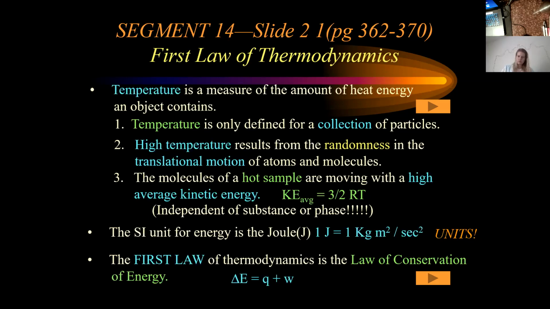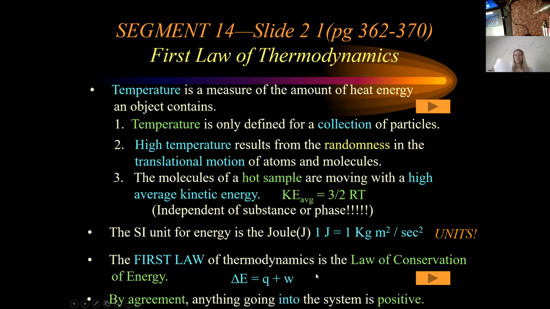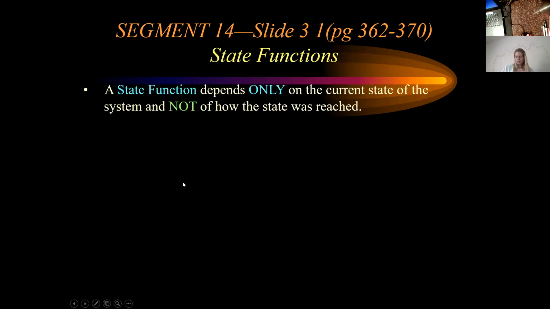And whether a molecule is at the top of the beaker or at the bottom of the beaker doesn't change enough for us to ever even imagine measuring it in any way. So we leave out those fields. And we don't need to worry about electric and magnetic fields unless we've got charged particles, and then we would have the ability to put in electrical energy by moving the charged particles around. So anything going into the system is positive.